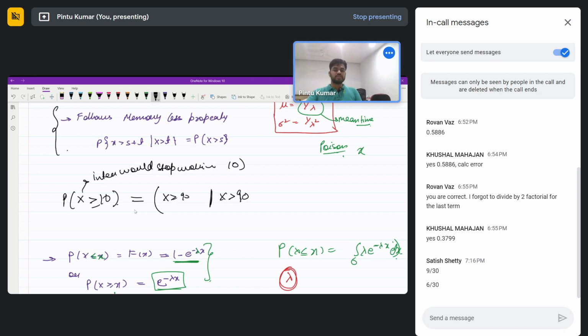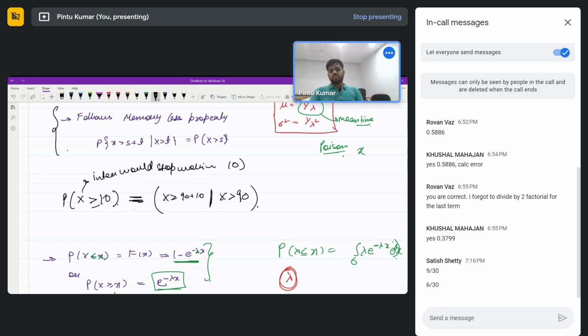So this is 90 plus 10. So the memoryless property says that these two probabilities must be the same. Even after we have finished 90 minutes, the probability of the internet getting affected is the same as when we began our process.